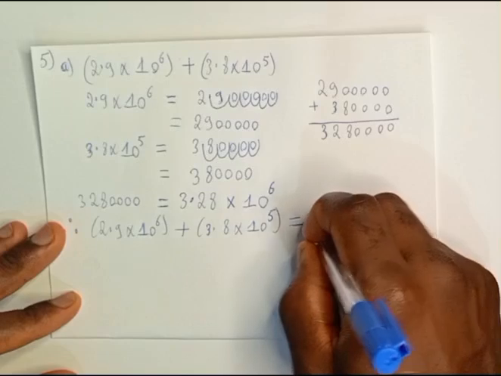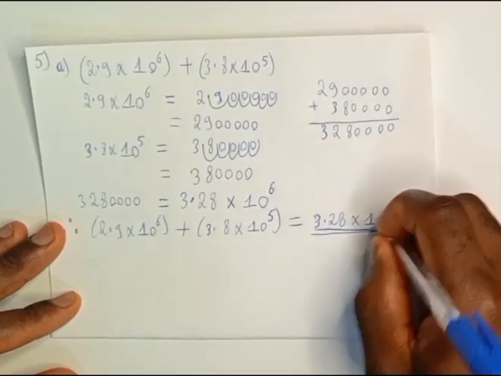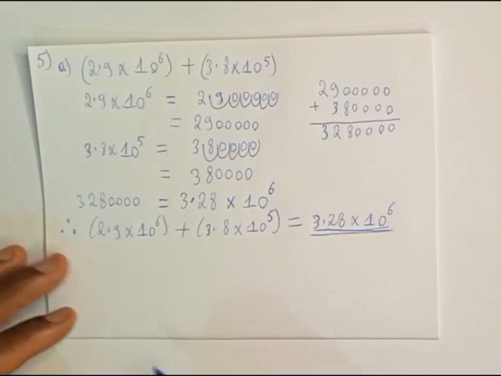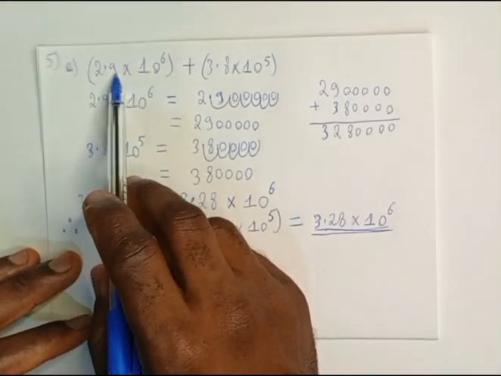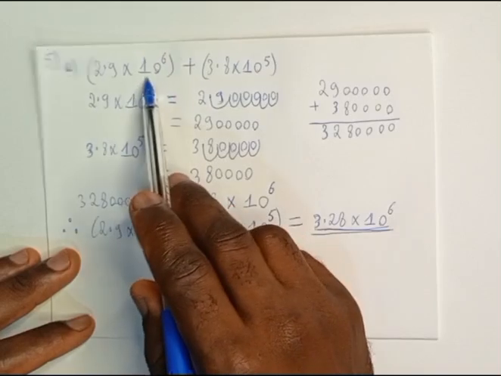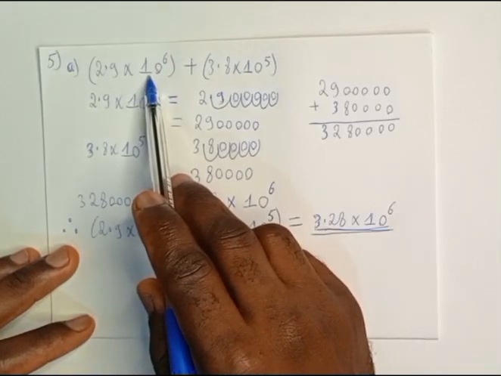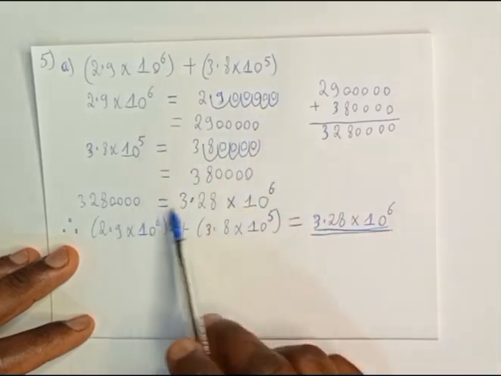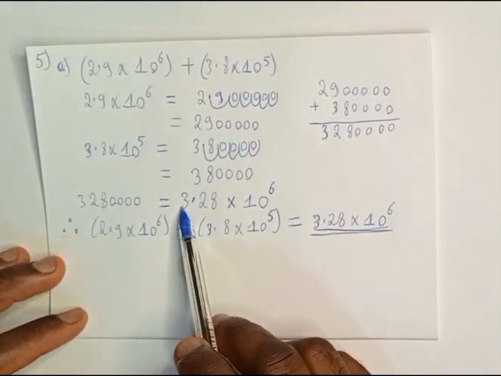We underline the answer. I know in such a question, most people will be tempted to add 2.9 and 3.8 and to add the 10 to the power 6 to 10 to the power 5. It is wrong. This is how we approach such a question.